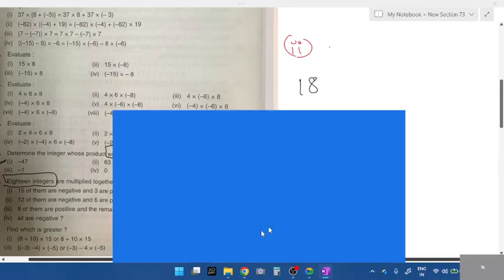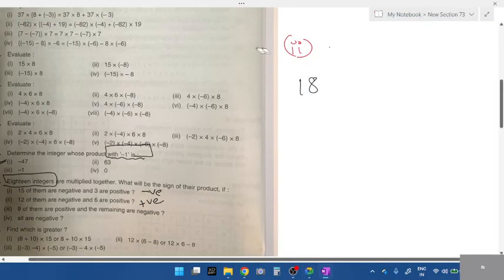Alicia, what you told was correct, but I need explanation. So 9 positive and 9 negative. Read the question before solving. 9 is odd or even? Odd. So for odd, positive or negative answer? Yes, it remains minus, right?